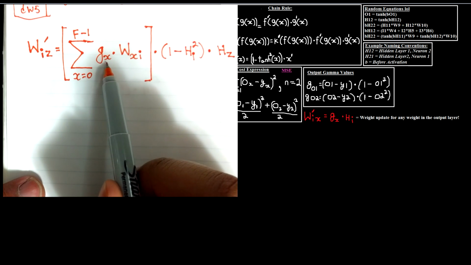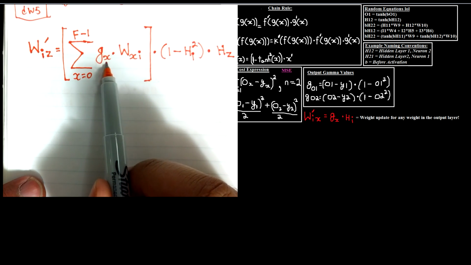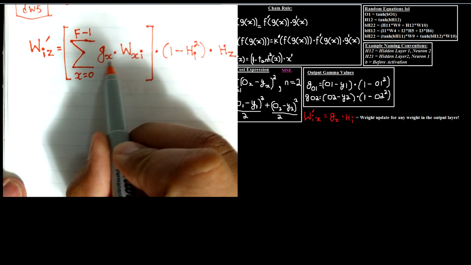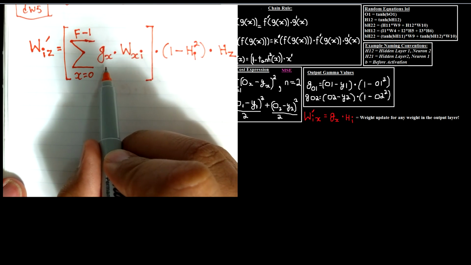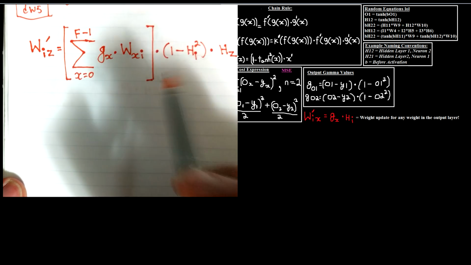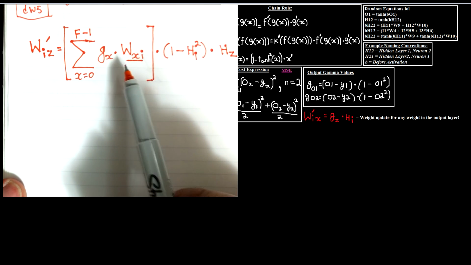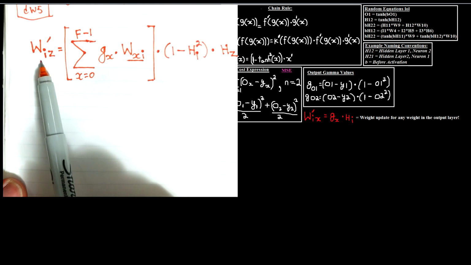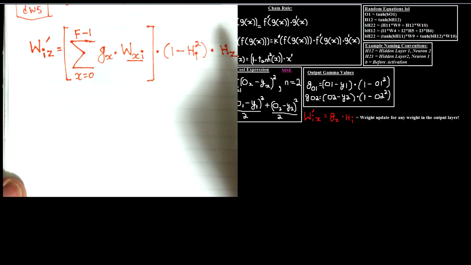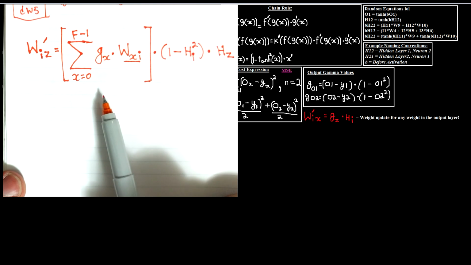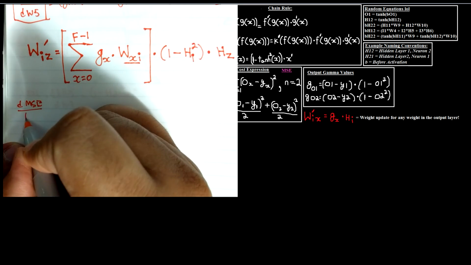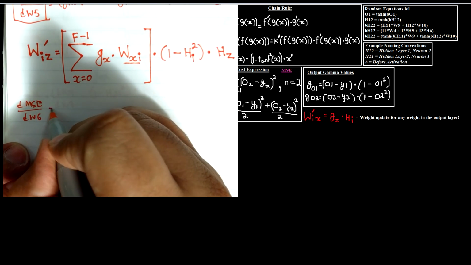G of X is the gamma value in the forward layer. X is just iterating through all the neurons in the forward layer. This will allow us to find the connection that connects to this neuron. So H of I is the neuron that this weight is connected to, times HZ, which is the neuron in the previous layer. Take the derivative of mean squared error with respect to weight 6.